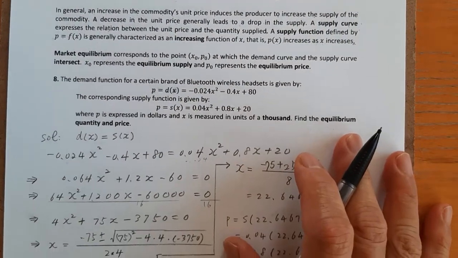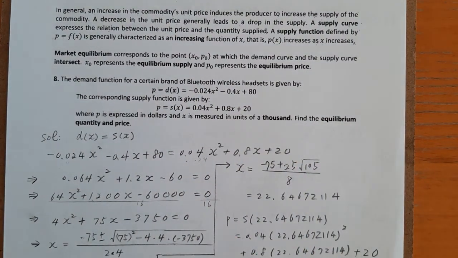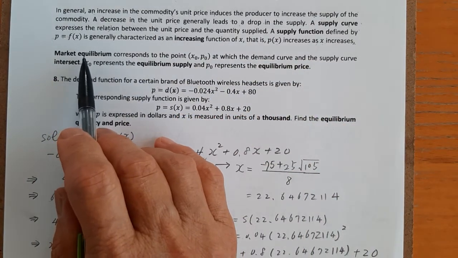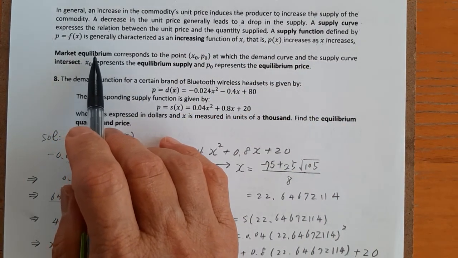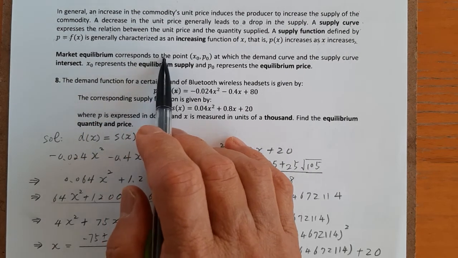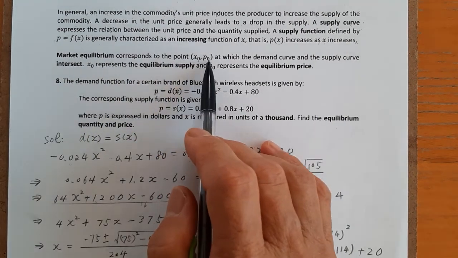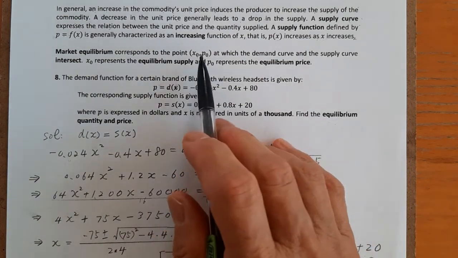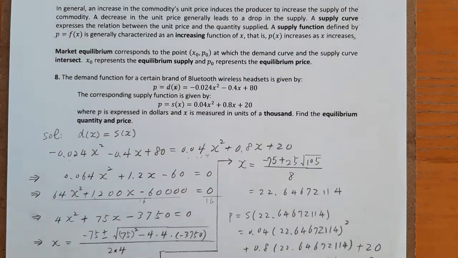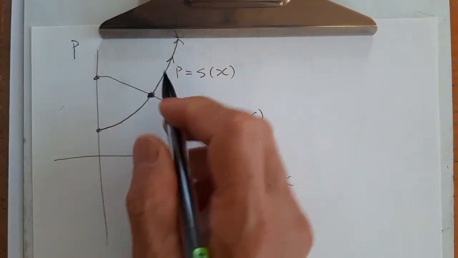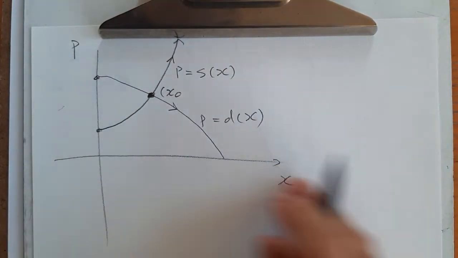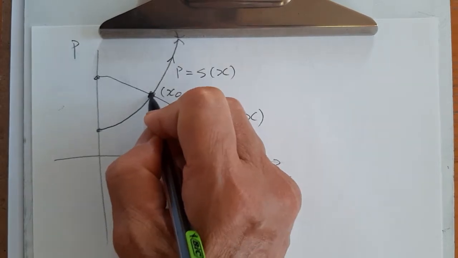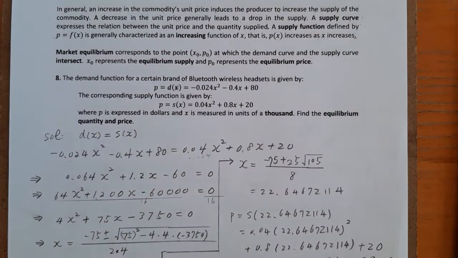So the market equilibrium corresponds to the point x0, p0, which is this point, x0 on this axis, and p0 on the price axis. This is the equilibrium point.